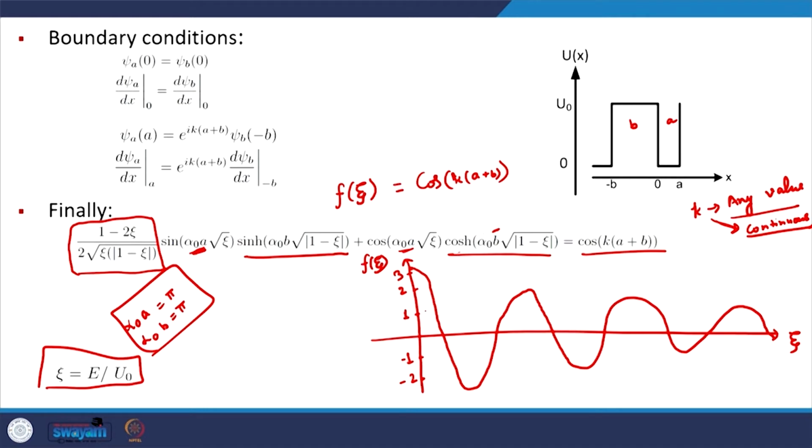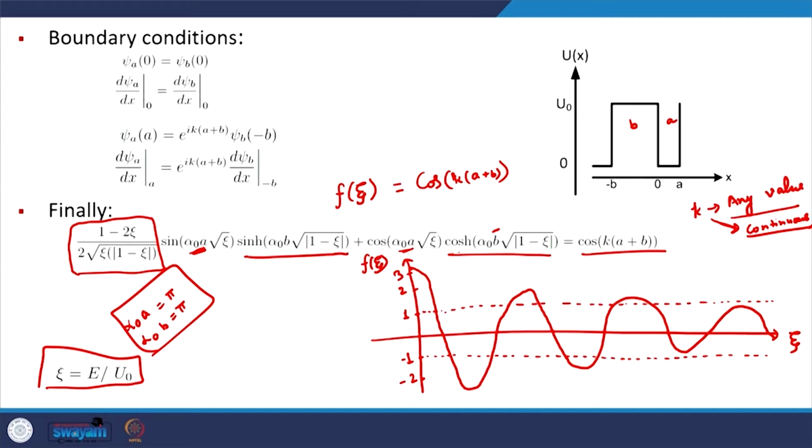So, what I mean is that for those values of xi for which this LHS function is between +1 and -1, for those values of xi we will have a valid k value, because the right hand side function can only go from +1 to -1.